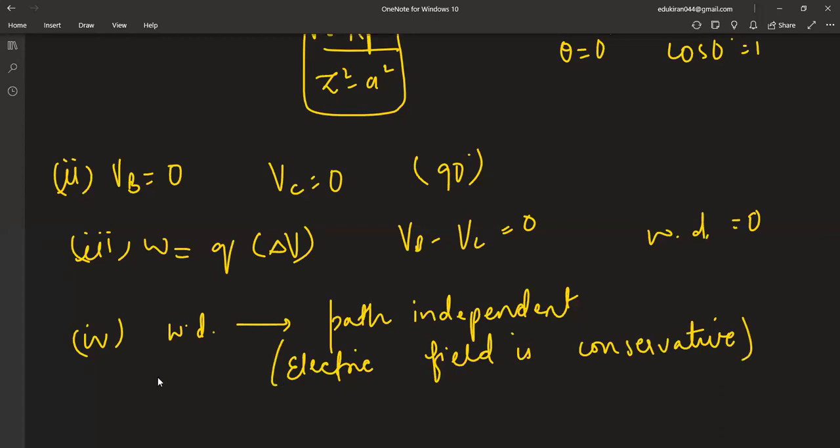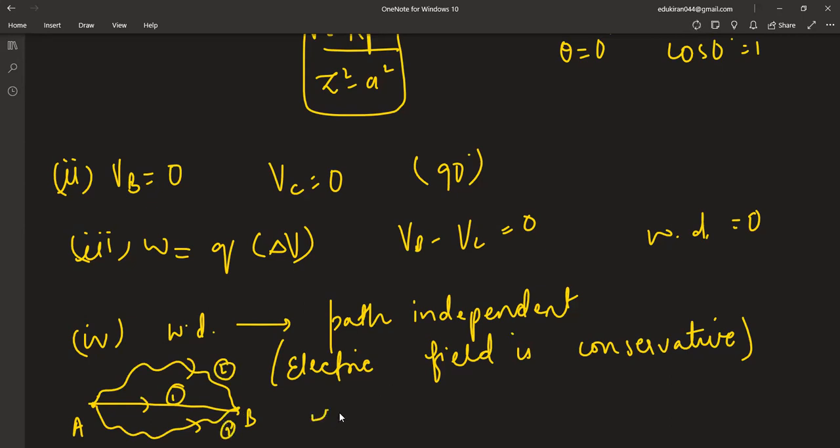It means you have initial point A, you have final point B. You go from A to B like this, you go from A to B like this, you go from A to B like this. Work done in 1 will be equal to work done in 2, equal to work done in 3.